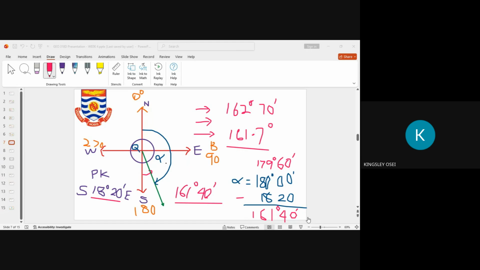But of course, you have to bring your mathematical sets along. So we'll try some traverse plots where we'll be using the protractor, we'll be using the ruler, we'll be plotting bearings.